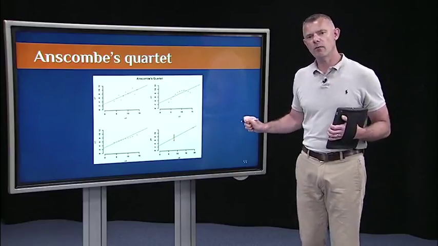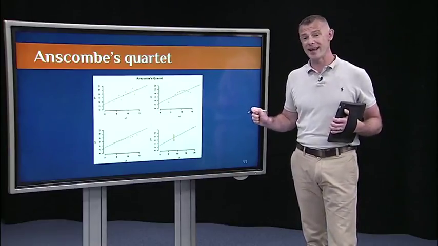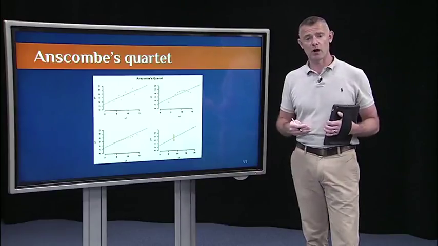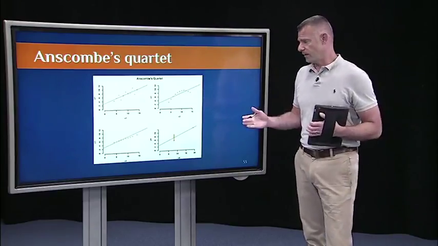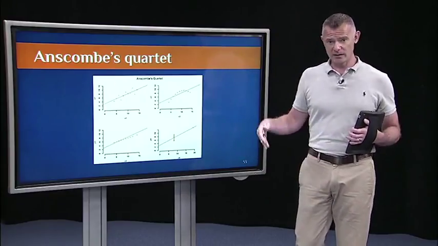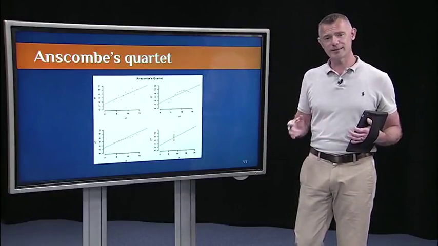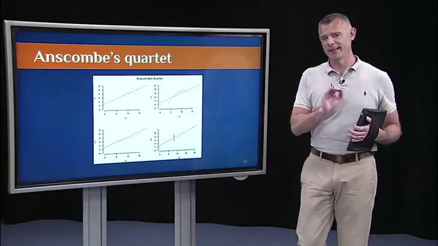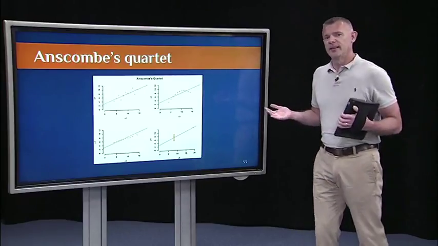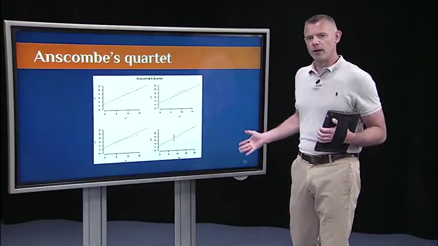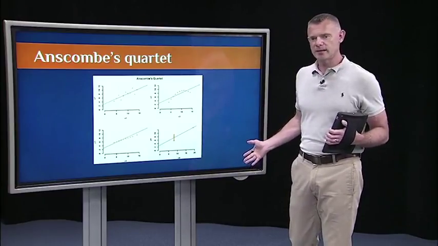The correlation in all 4 of these data sets is 0.82, so a really strong relationship between X and Y. In fact, the variance in X and the variance in Y across all 4 data sets are exactly the same as well. It's very clever. But look at the pictures. Clearly, there are different things going on in each of these 4 cases.